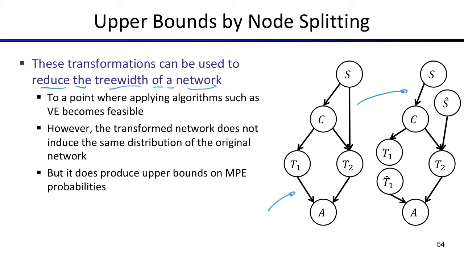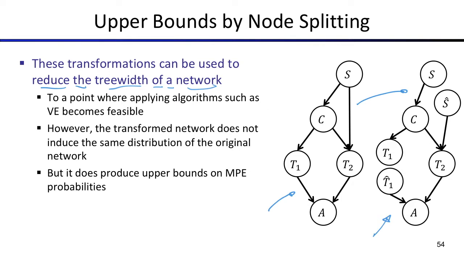So the idea is that if we reduce the tree width, it's going to be cheaper to compute the MPE using variable elimination. So we're going to change the network from the original network to what we call a split network, like this one here, where it's feasible to compute the MPE.